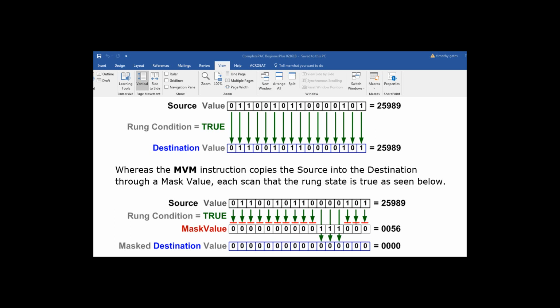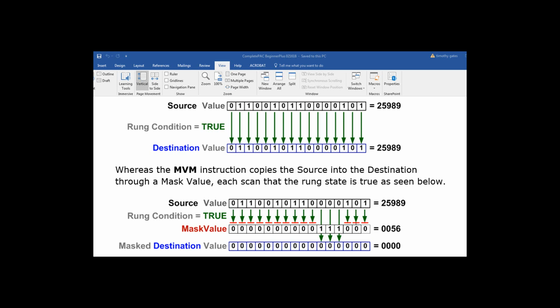So you have to consider that the value that gets passed through the mask is all that matters. If you look at the source, the 4th, 5th, and 6th bit, or we'll say bit 3, 4, and 5, they are 1. So that is the mask value, and it will pass on to the destination whatever is in those same 3 bits right up above it. Well, in this case, they're zeros. So the move did not change the value.